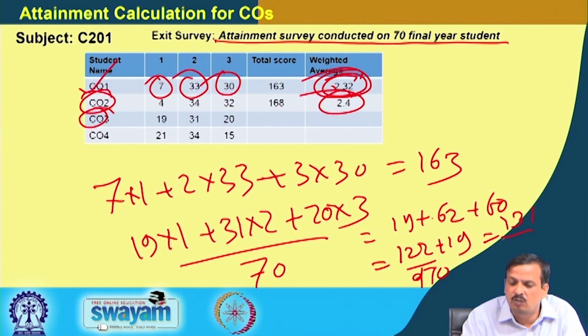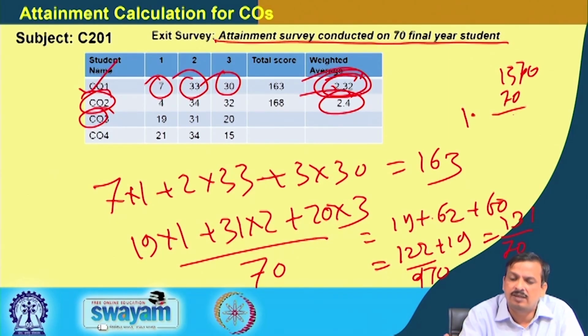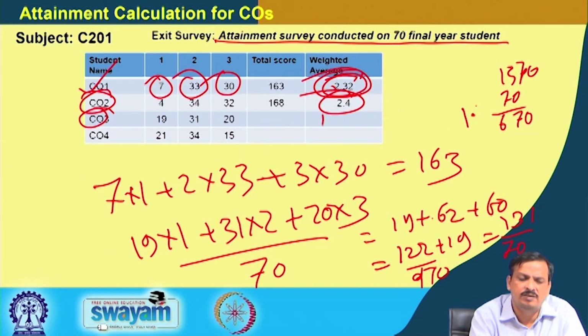So, 131 by 70, I can say it is almost 1.8.